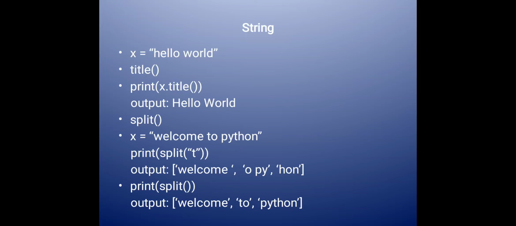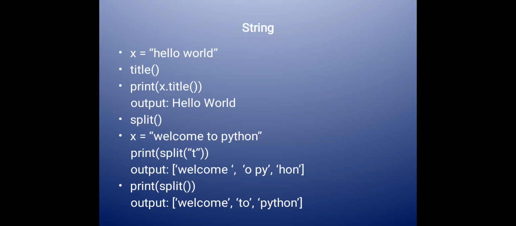Next comes the split function. I have taken a string x is equal to welcome to Python. Then print split of t. That means it has a delimiter t. It will return a list of strings by splitting the string wherever t is coming.